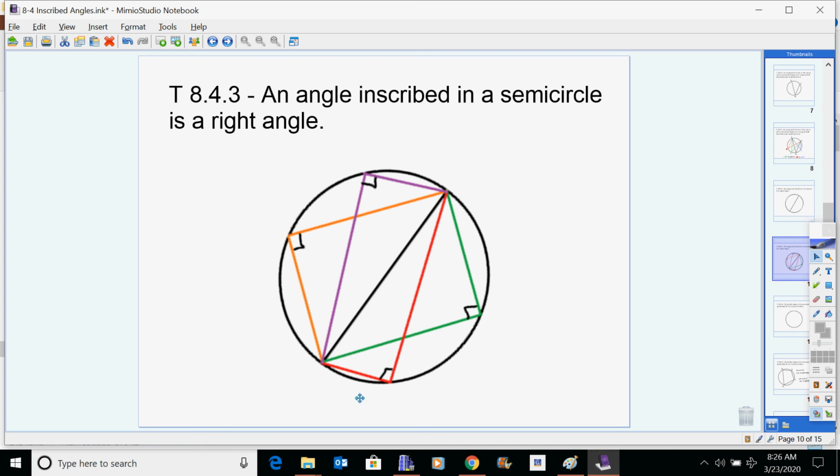If you have a true circle, a really quick way of drawing right angles is to start on a diameter, bounce down to the circle, and end on the diameter. So the heart of this theorem is that these have to all be right angles. They're all half of 180, so that should hopefully make a lot of good sense to you.